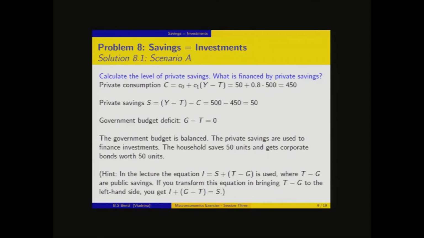So investment plus the government budget deficit gives us saving. The saving in the economy would be used either to invest in the corporations or to finance the budget deficit of the government.